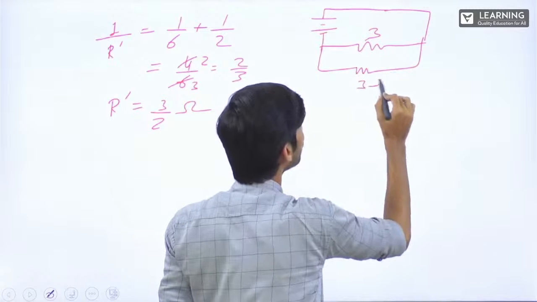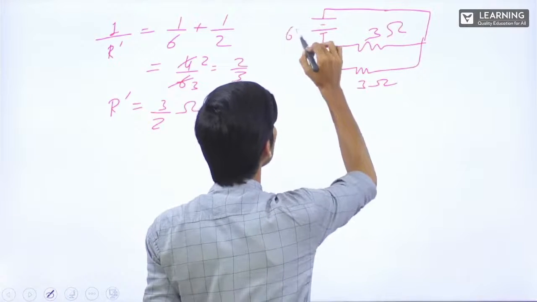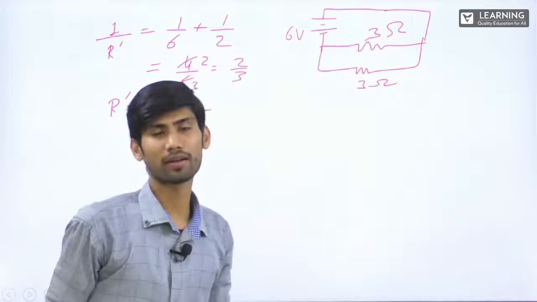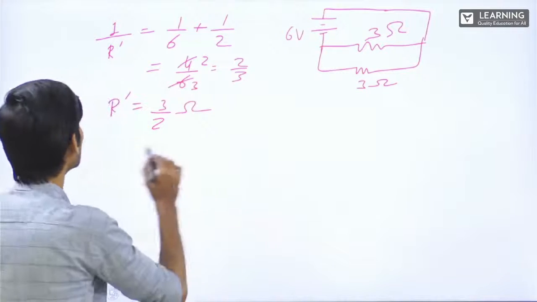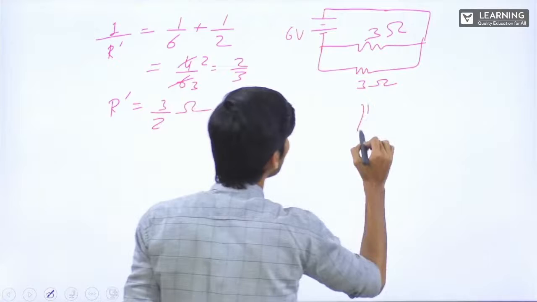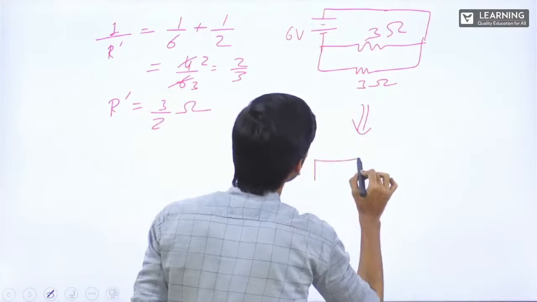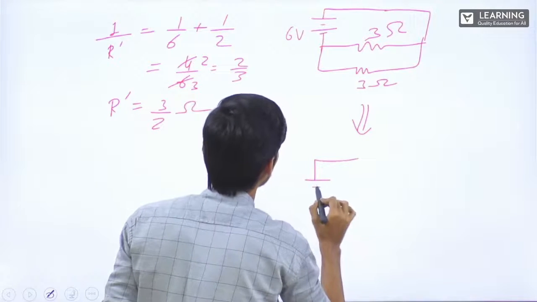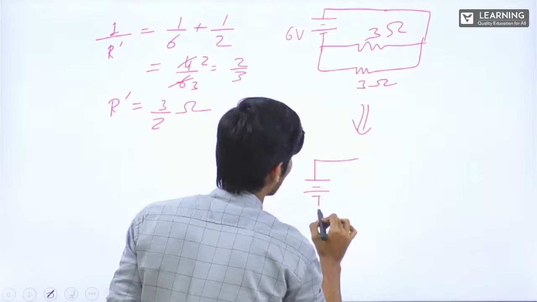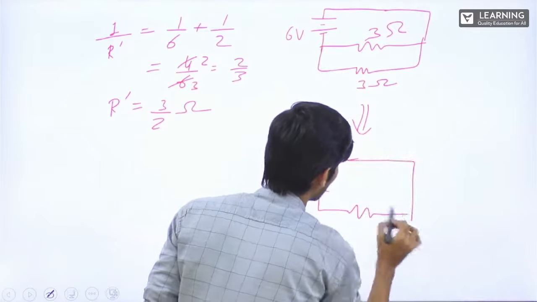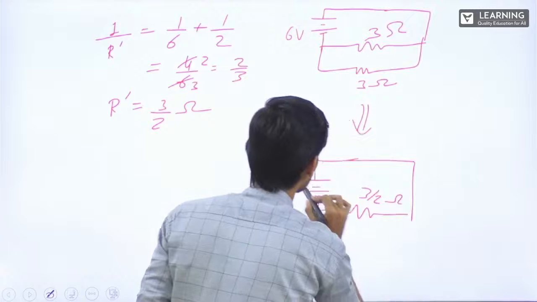And this was already 3 ohm given. This is a 6 volt battery. 3 and 3 parallel means it will become 3 by 2. So now these 2 resistance will become 3 by 2. So again this will be a battery, one resistance, 3 by 2, 6 volt battery.